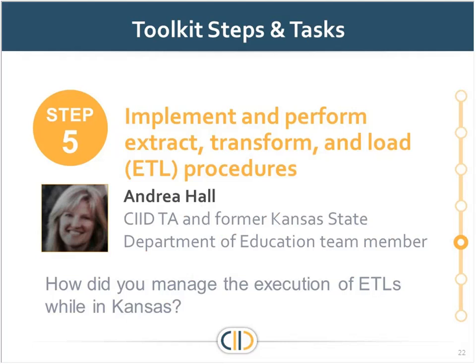The ETL process, extraction, transfer, and load, in Kansas was used to move the source data into the data warehouse, which is where we had our integrated data, which is where the data were pulled for federal and state reporting. We updated our source systems yearly at least to address changes in federal or state reporting, and then we outlined these changes in what we called a requirements document.